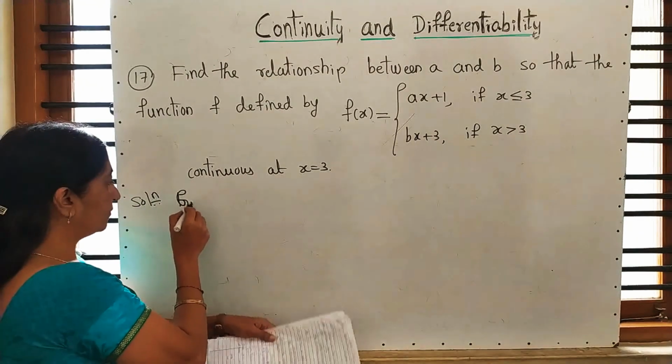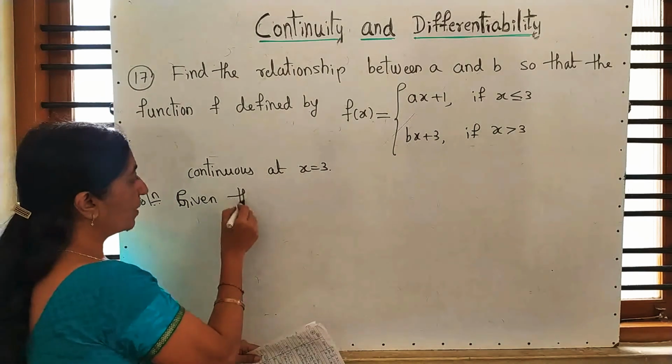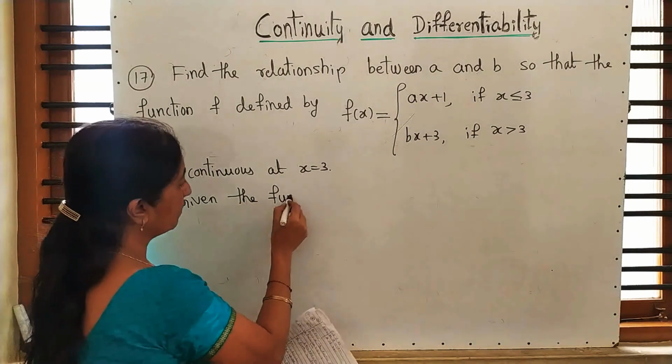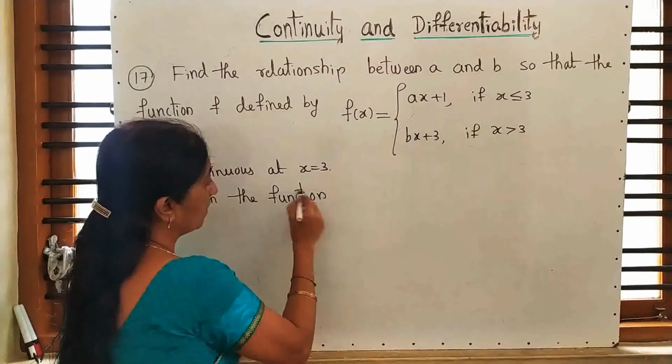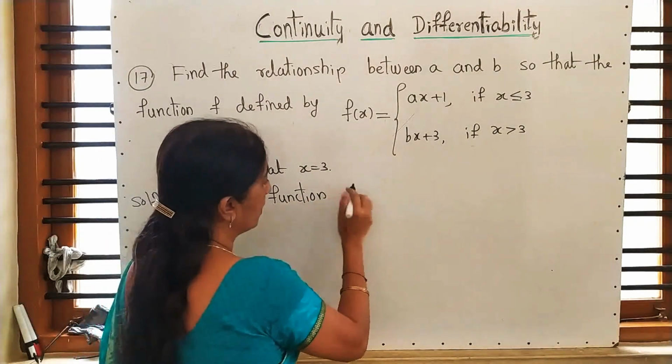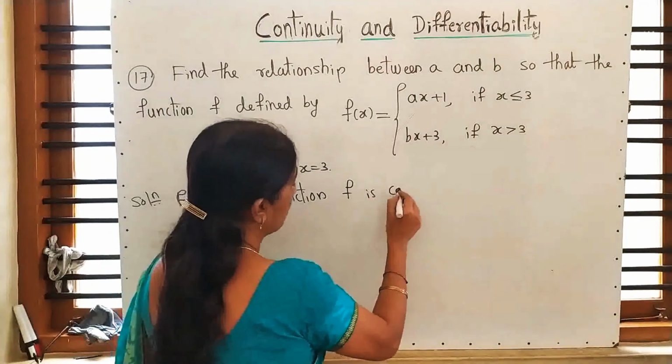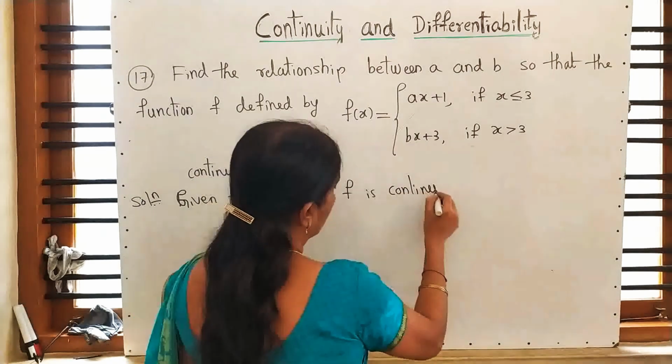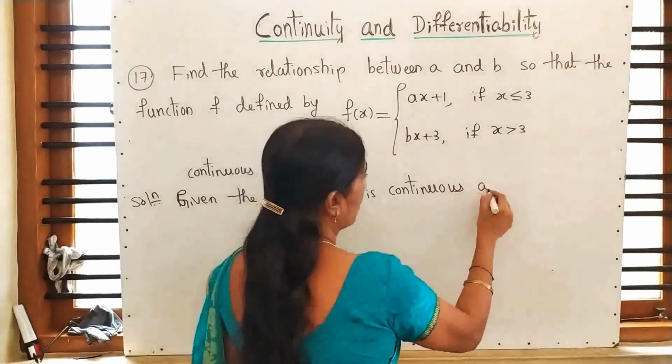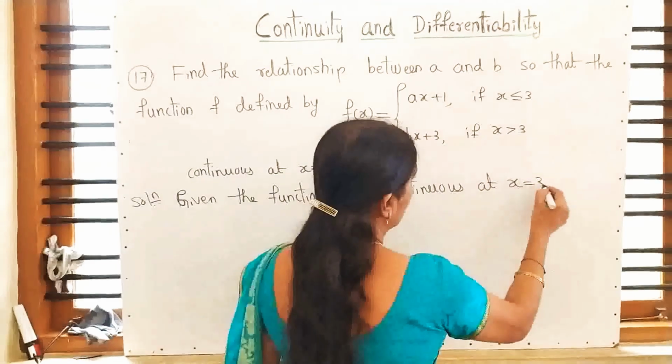Given the function f is continuous at x is equal to 3.